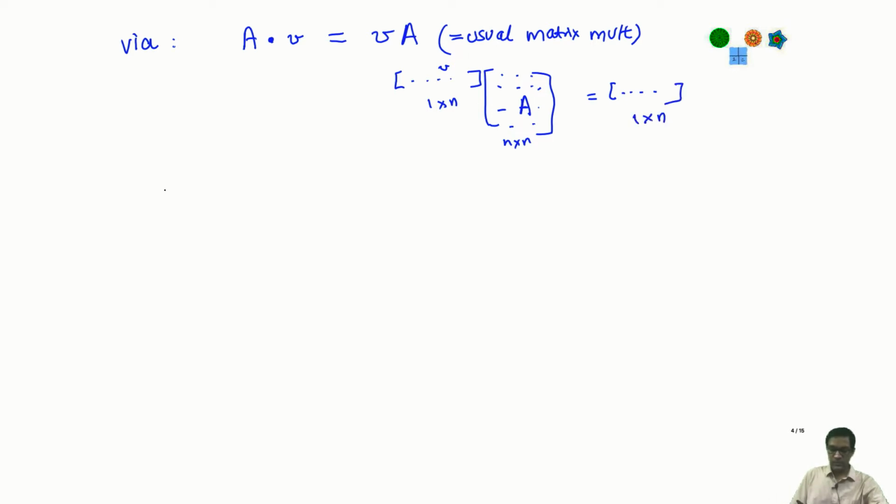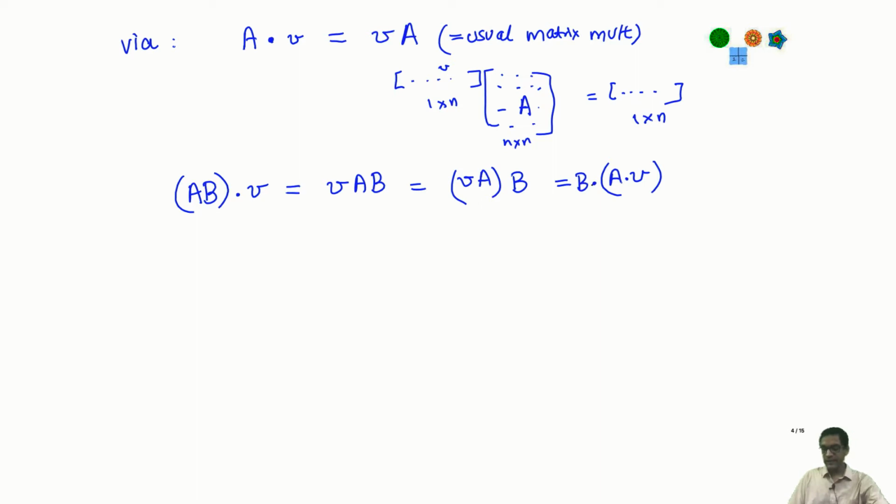Now this is a right module, not a left module, because if I take a product of two matrices A, B and I try to act it upon V according to this definition, then this is just the matrix product V into A into B. That's the same as what you would get if you first multiplied V with A and then multiplied the answer with B. In other words, you first act on V by A, or scalar multiply it by A, and then scalar multiply it by B. That's exactly the definition of a right module.